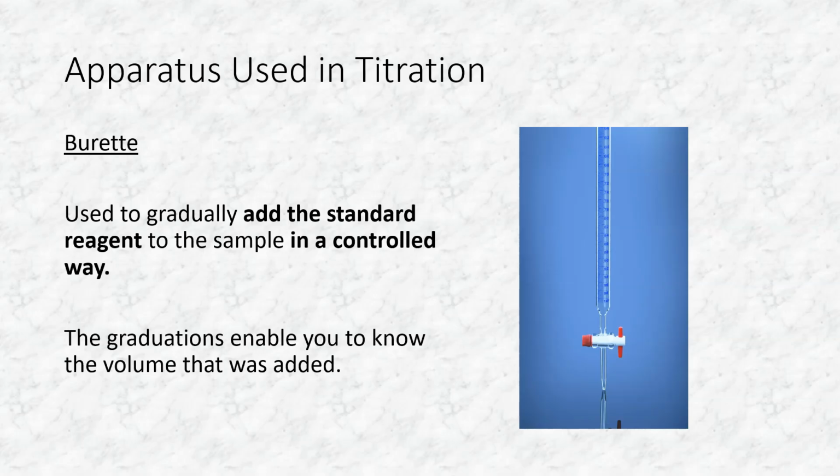When you've reached the endpoint, you'll use the graduations to know how much volume was added. You'll calculate the difference between the graduation that showed before you started the titration and when you finished the titration, and that difference will be your titer for that run, for that titration.